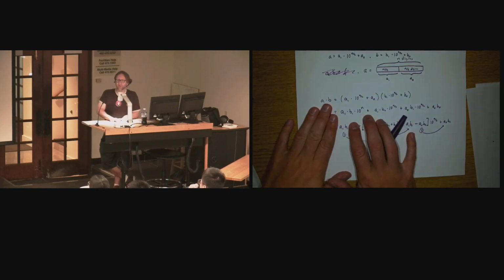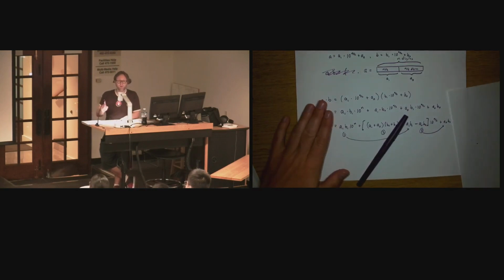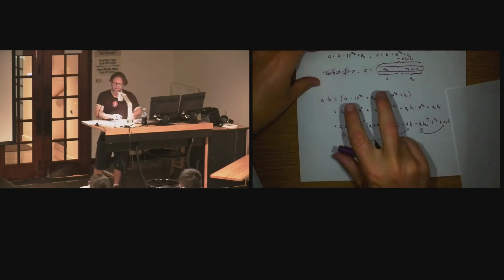These are now 8-digit numbers. How do we do this multiplication? We cut them down into 4-digit numbers. And then we cut those down into 2-digit numbers. And then we cut those down into 1-digit numbers, at which point we take 1 digit times 1 digit. You can't go any further than that. So you multiply them together, and then you conquer by passing those all back up. Okay? Now, that's the idea.